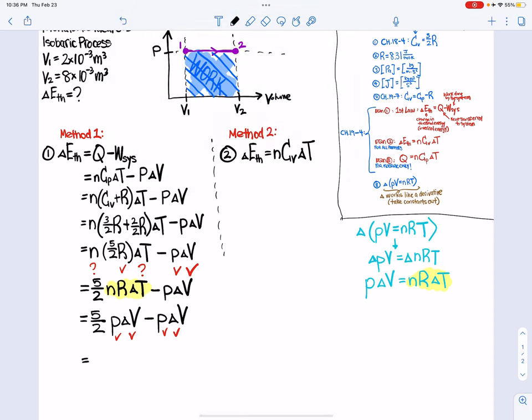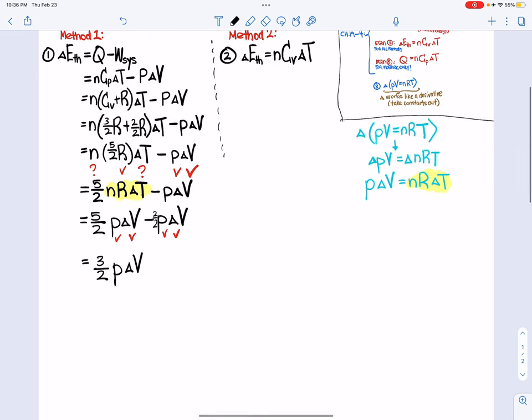Okay, so 5 over 2 minus, let's say this is 2 over 2 because that's just 1, is 3 over 2 pressure times change in volume. Okay, and that was given in the problem, so that's 3 over 2 times pressure, given as 4.00 times 10 to the 4th Pascal, right?